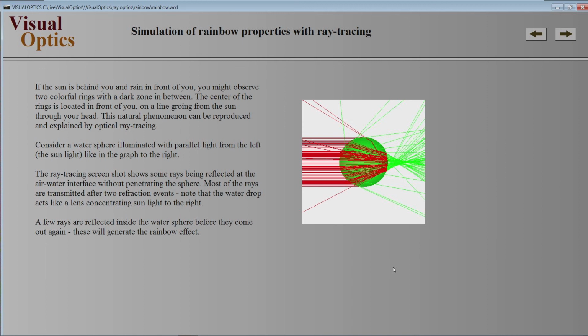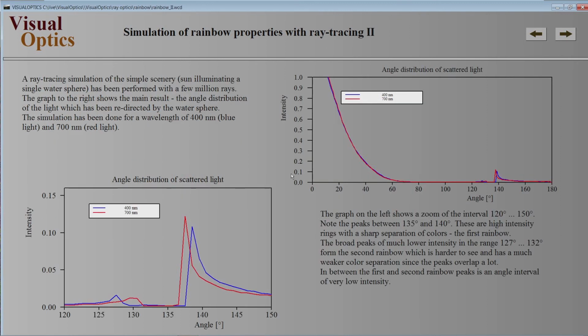For example, if you have light propagation, light incident from the left through a drop of water, you can record the intensity of light everywhere, and this is a very good approximation for what happens in a rainbow. So if you add the intensities up for different observation angles outside this water drop, you will find a large intensity in the forward direction, and in the directions to the side.